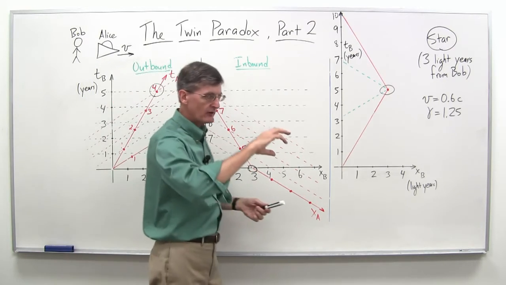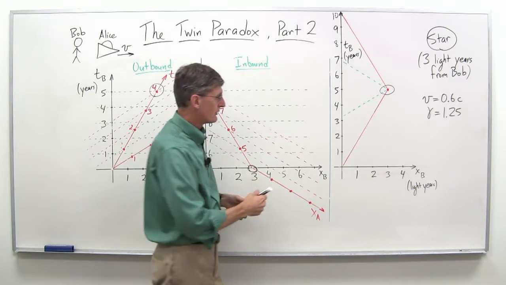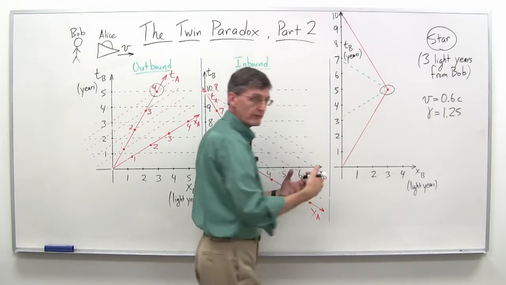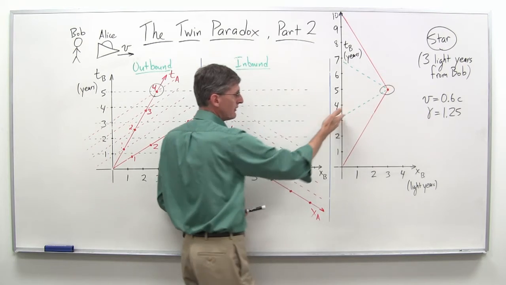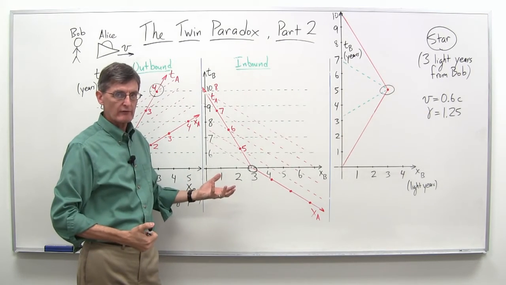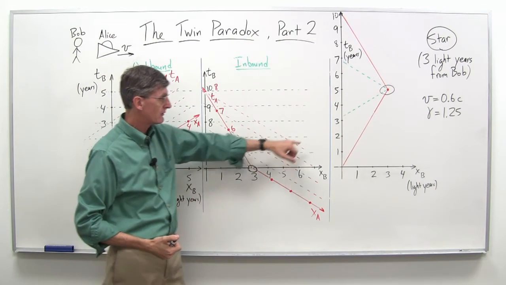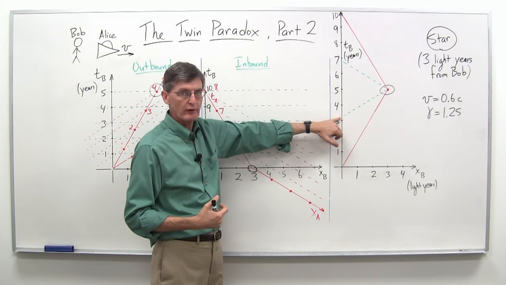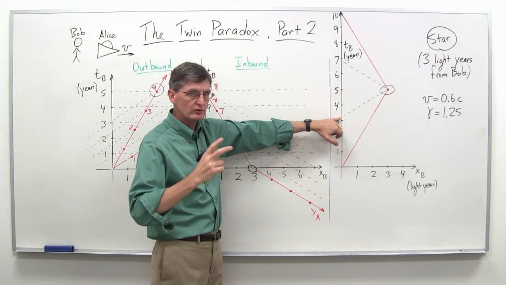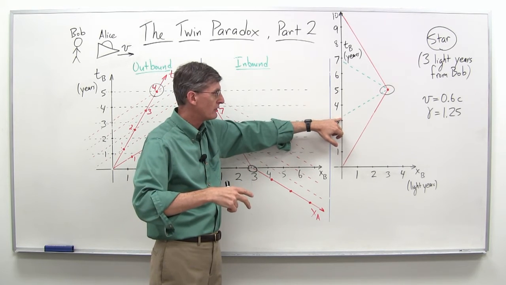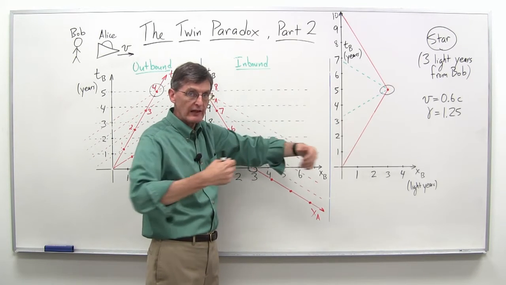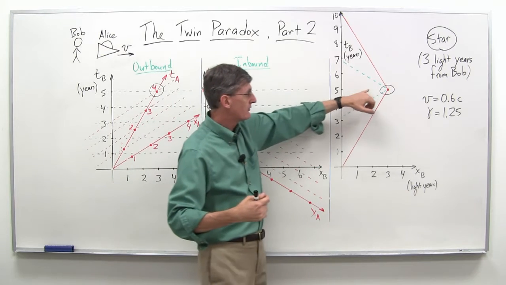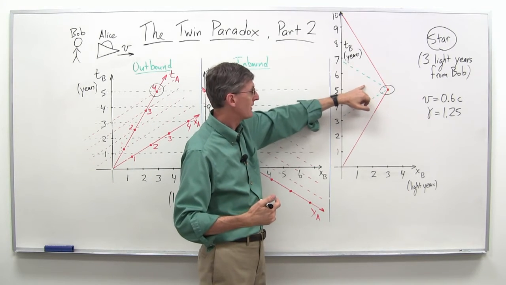So look what happens in those few instants of turning around. Right before she turns around, if she took photographs of all her clocks and Bob's clock back here at the home planet, his clock would read 3.2. As soon as she goes through the process of turning around and then looks at her lattice of clocks and sees where Bob's clocks are back at the home planet, look where it is.